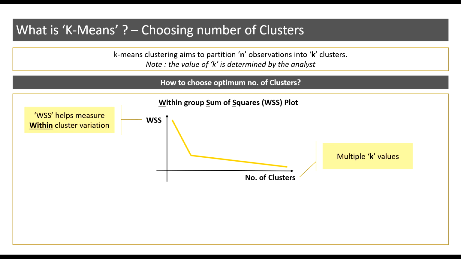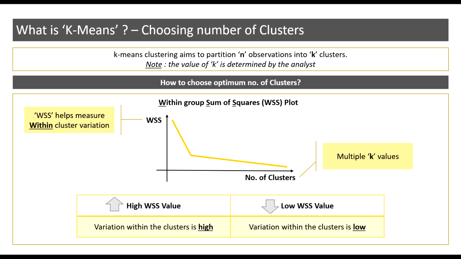Since the Wss helps measure this within cluster variation, we can conclude that if the Wss value is high, it implies that the variation within clusters is also high. And if the Wss value is low, it means that the variation within a particular cluster is extremely low.